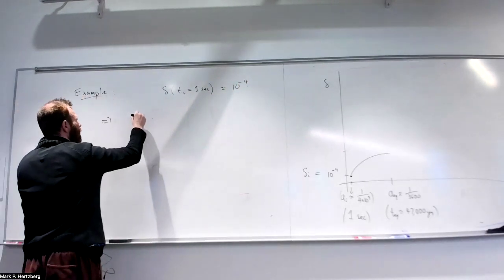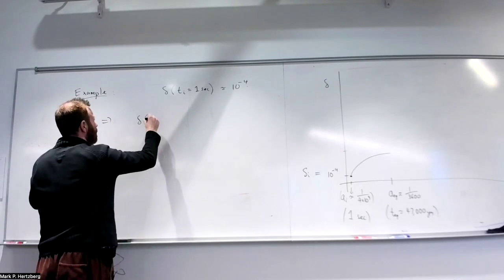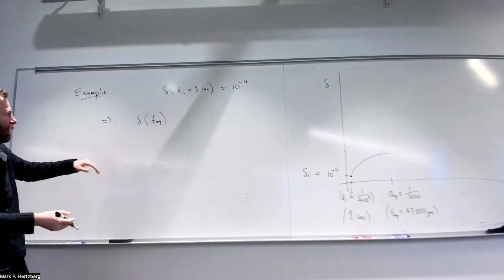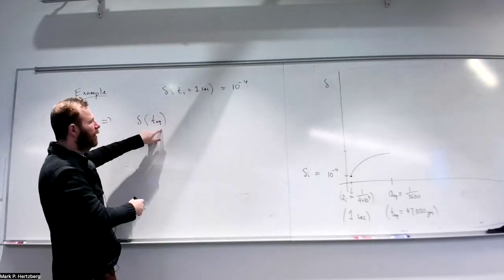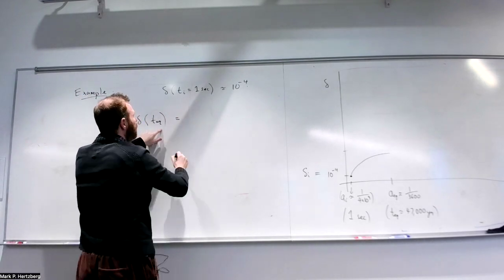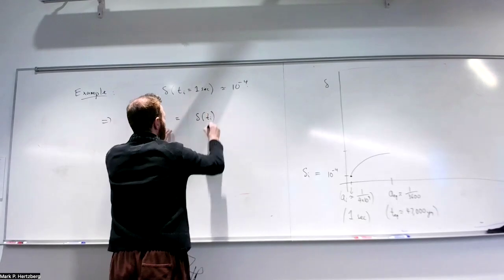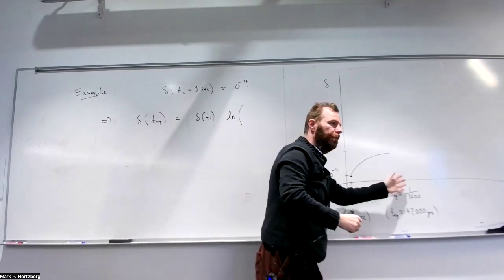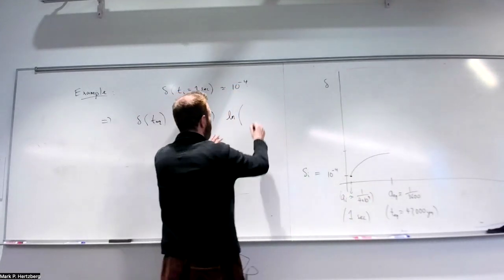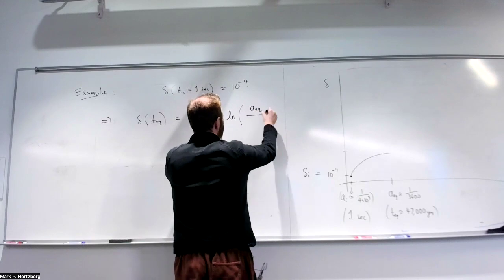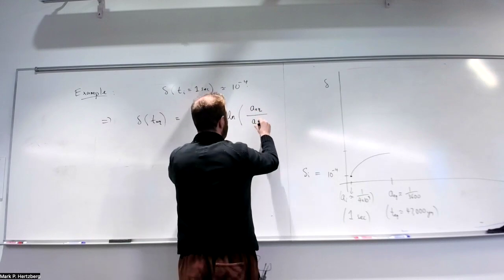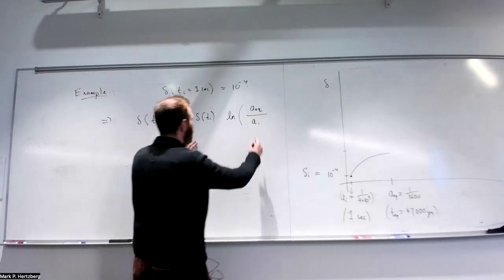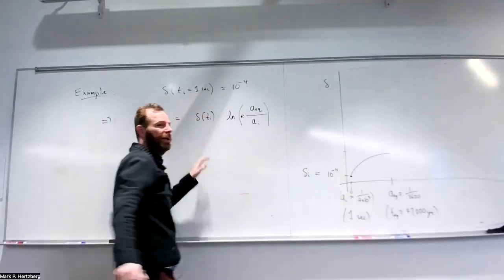This implies that delta at t equality, or you could write delta of A equality, doesn't matter how you write it, matter radiation equality, is the initial value, delta Ti, times the log, focusing only on the growing mode, log of A equality over A initial. And if you want this to be true at t equals Ti, you have to put our friend the factor of E there, but that's not a big deal.